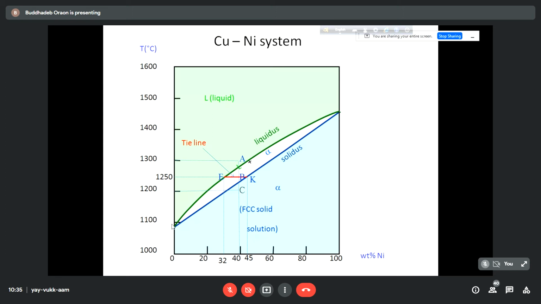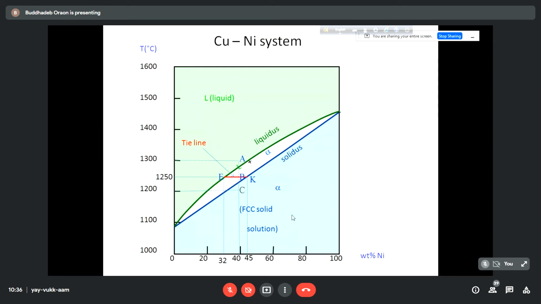How can you draw this type of phase diagram? Obviously this is a phase diagram, and we call it a phase diagram with complete solubility. That means these two components will be completely soluble in solid, completely forming a solid solution.